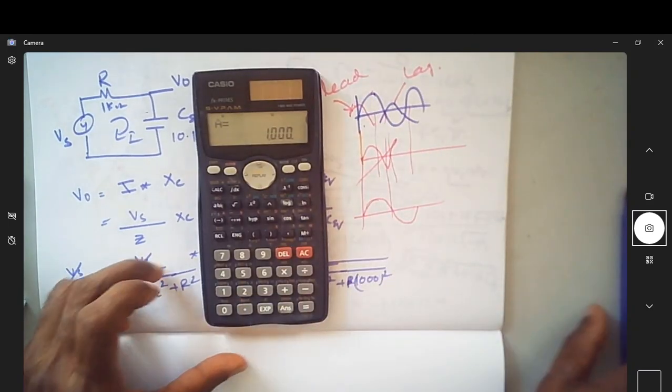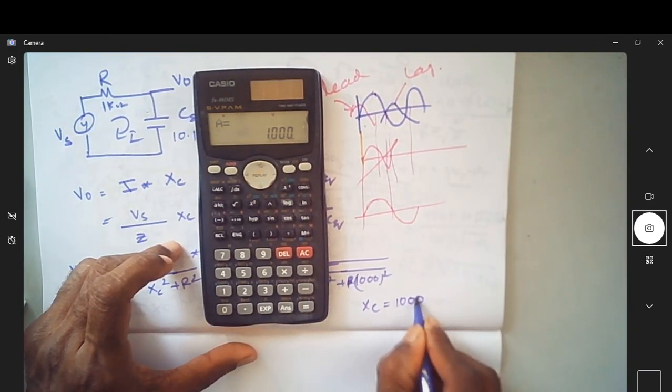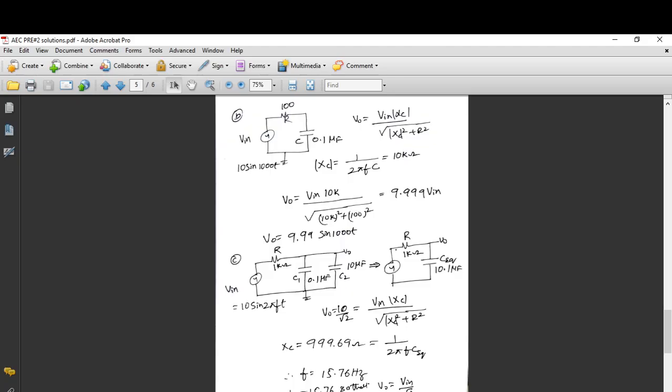Now the XC is 1000. That's how I got this XC, which is given as 999.69, no? This is approximately equal to 1000.